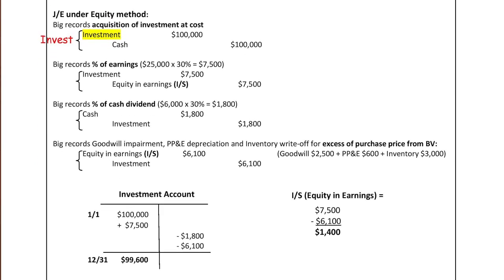When small earns $25,000 during the year, big records earnings of 30% of that, which is $7,500. So that earnings leads to an increase in big's investment by $7,500. The credit of that journal entry is equity in earnings. Basically, this income is recorded on the income statement.